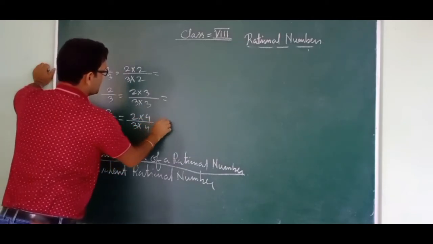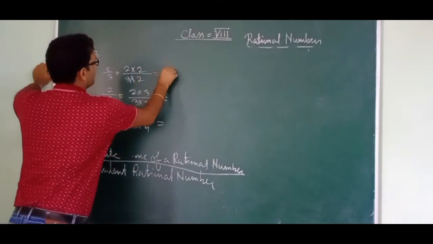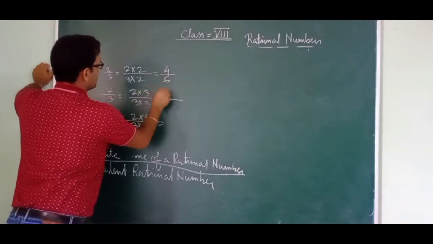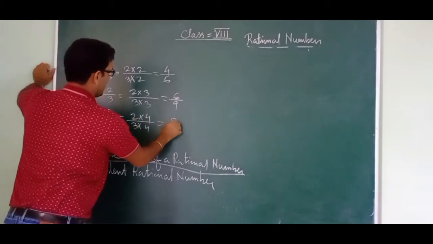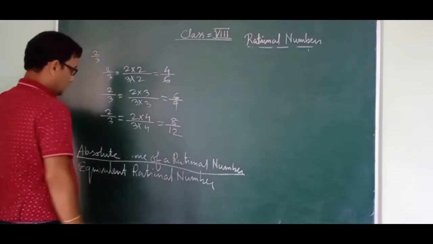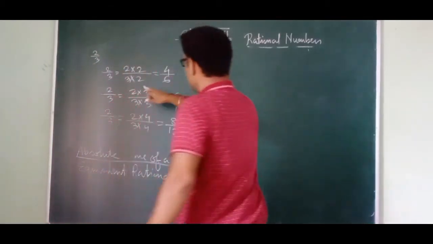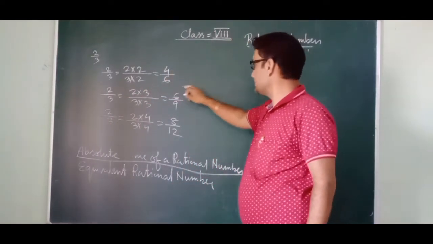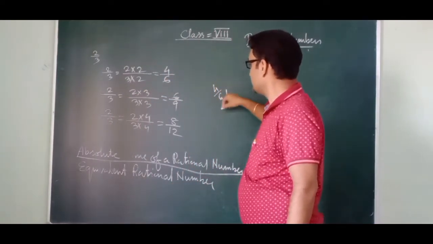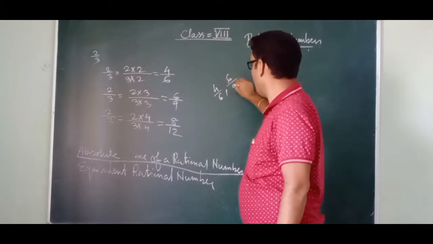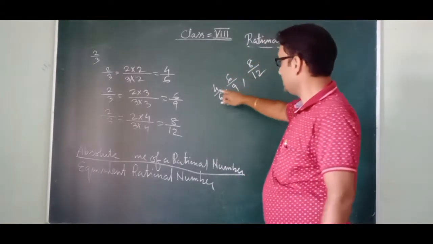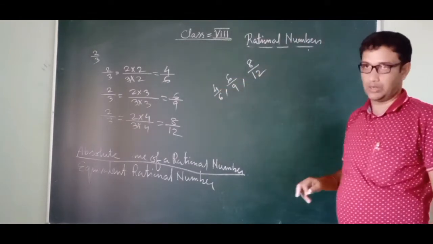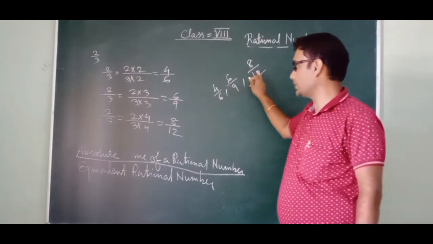That means 2 twos are 4, 3 twos are 6, 3 threes are 9, 2 fours are 8, and 3 fours are 12. Then you see here 4 by 6, 6 by 9, then 8 by 12. These all are rational numbers.